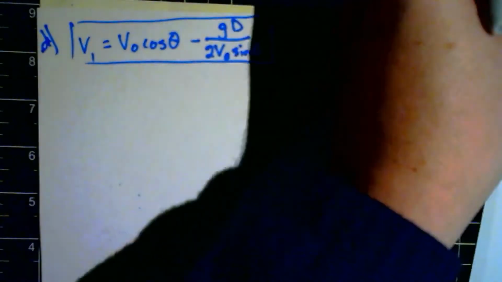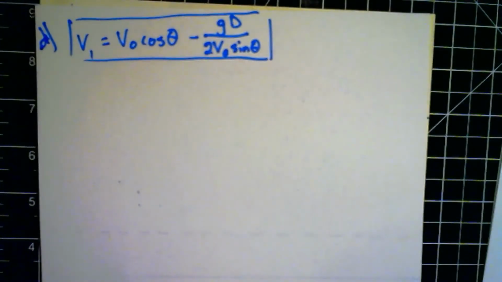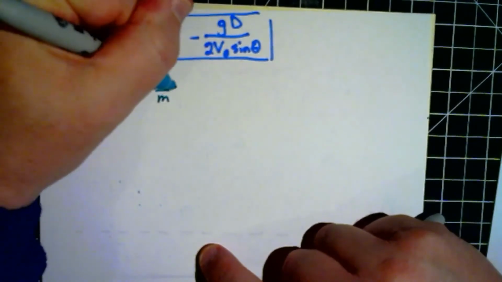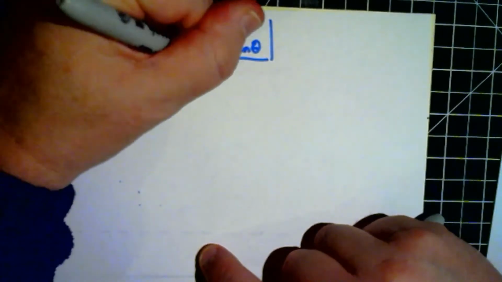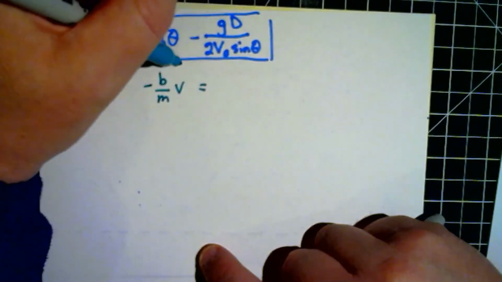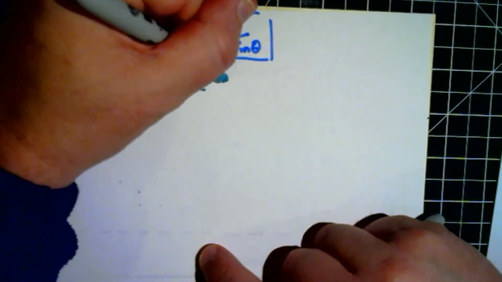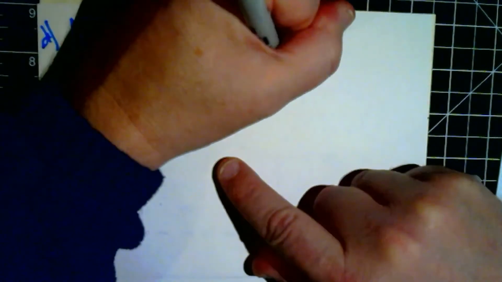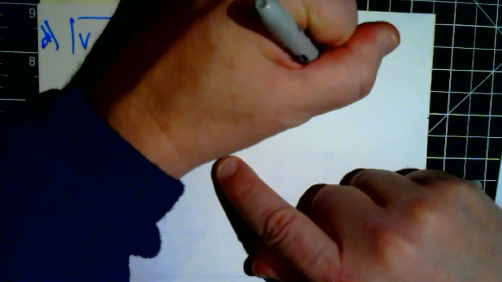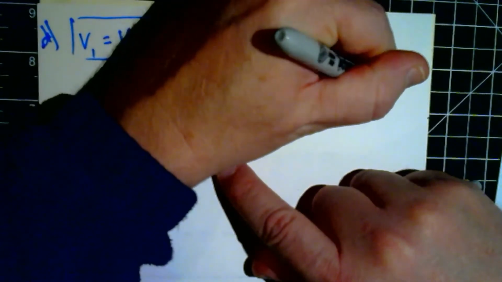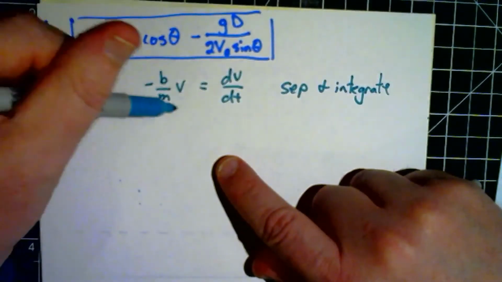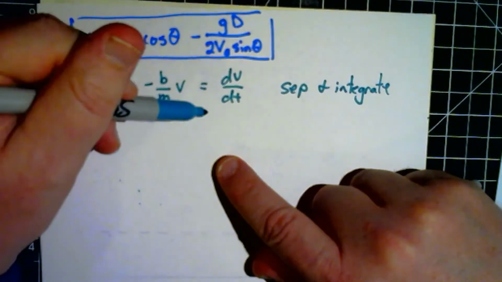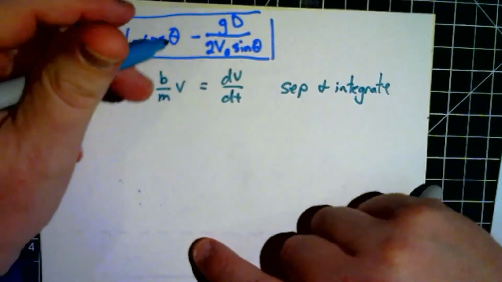It's really not that difficult. We'll start off with what we had written in the previous part, minus b over m times v, and that equals, rearranging a little because I moved the m over to the left, dv dt. The way we solve this is to separate and integrate, which just means I'm going to get all the terms associated with velocity on one side of the equation and all the terms associated with time on the other side.